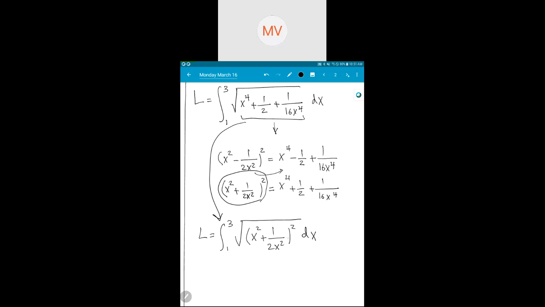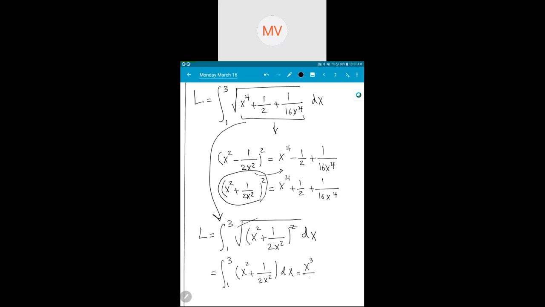And now you can see this second power with this square root cancels out. So we have the integral from 1 to 3 of x squared plus 1 over 2x squared dx. And we can go ahead and integrate now.